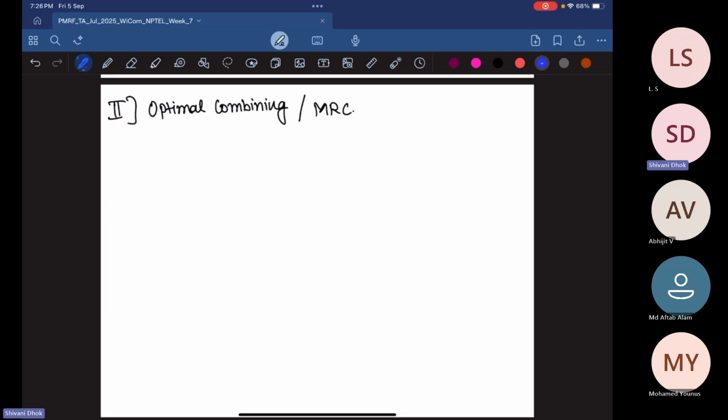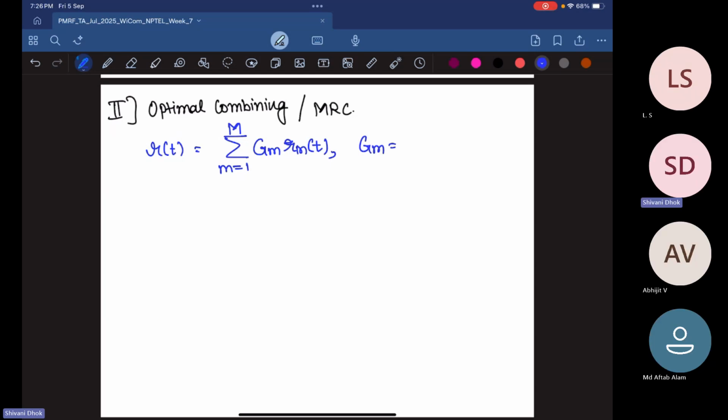And for MRC, we had earlier also discussed, what we do is we construct our signal, or we combine our signal something like this: summation m equal to 1 to capital M Gm into our rm of t, where this Gm is basically given by Zm conjugate divided by sigma noise at mth antenna square.